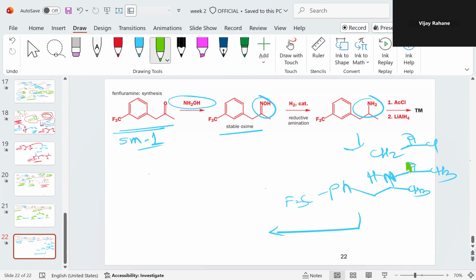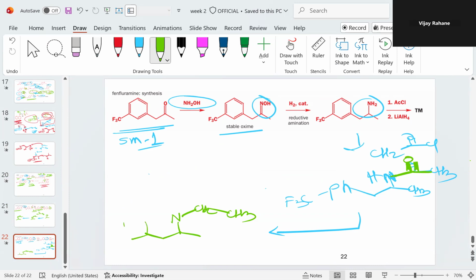So this is the amide, right? And this part we can reduce to the CH2 by using LiAlH4. This will be N, now CH2 and CH3. Further, this other part will remain as it is.